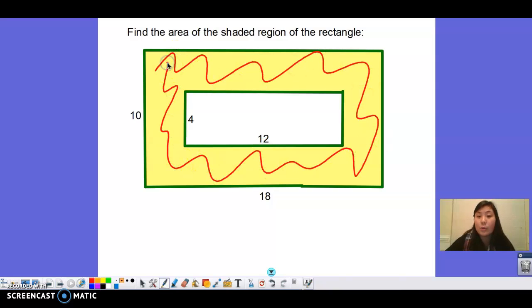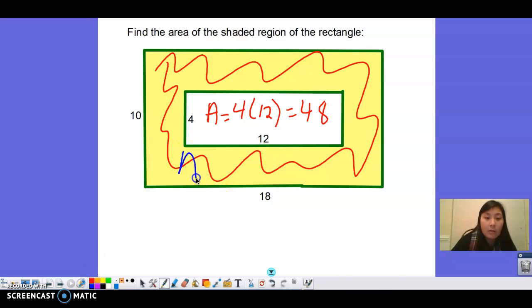On your paper, it is gray, but what you need to do is find the area of the small rectangle, find the area of this big rectangle here, and then subtract the two. So the area here is going to be 4 times 12, which is 48. And then the area for the bigger rectangle is going to be 10 times 12, which is going to go ahead and give, oh, I'm sorry, not 10 times 12.